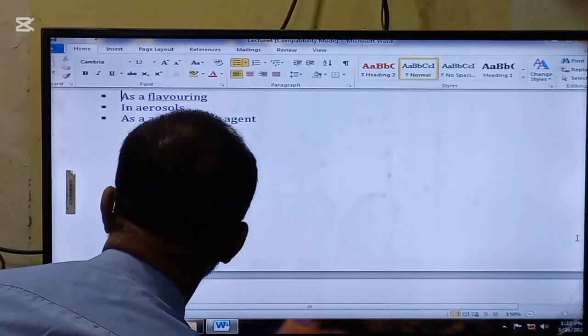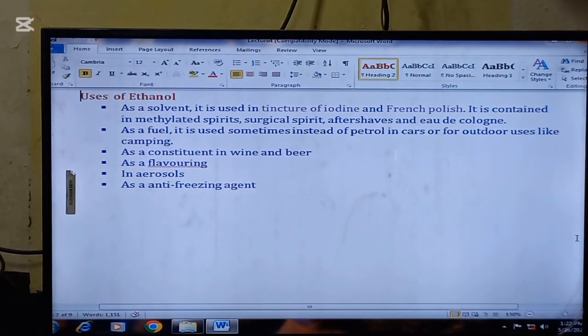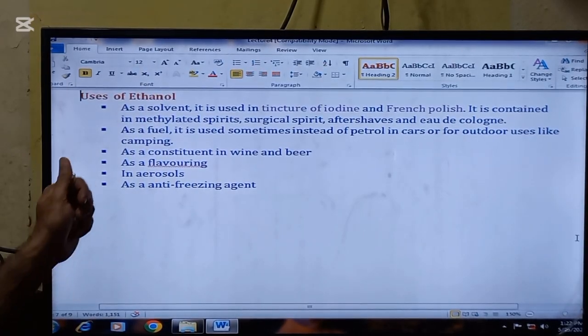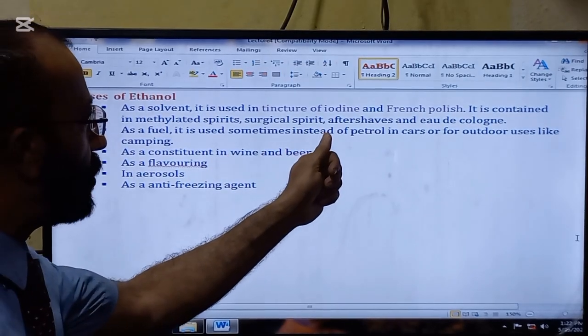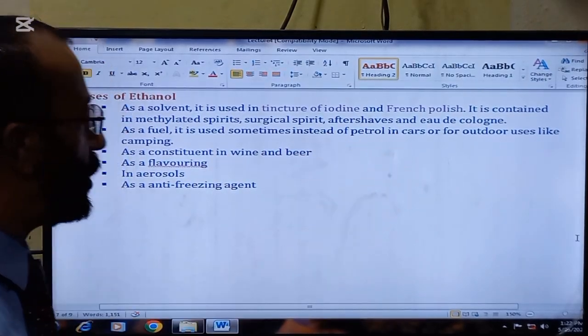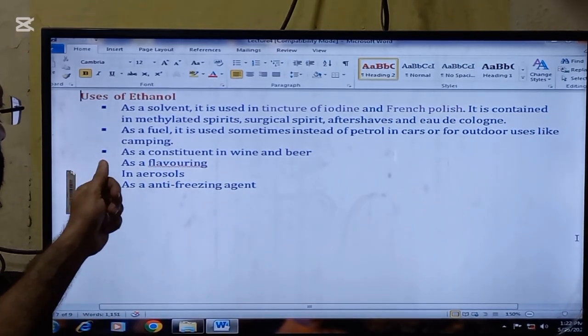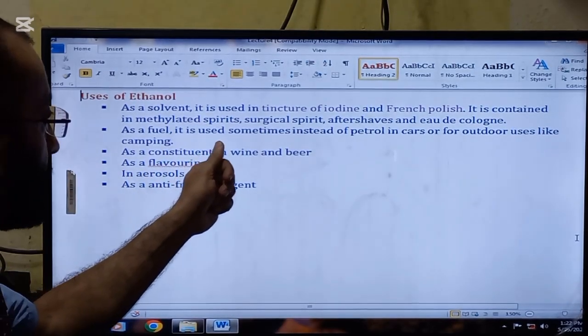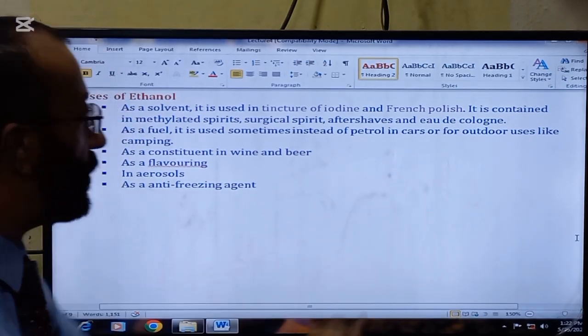Now we are going to read some uses of ethanol. As a solvent, it is used in the tincture of iodine and French polish. It is contained in methylated spirits, surgical spirits, aftershaves, and eau de cologne.